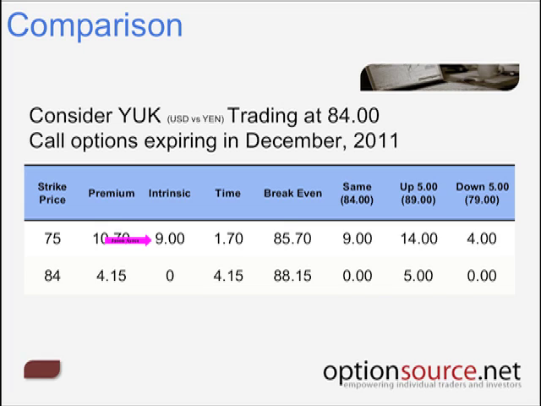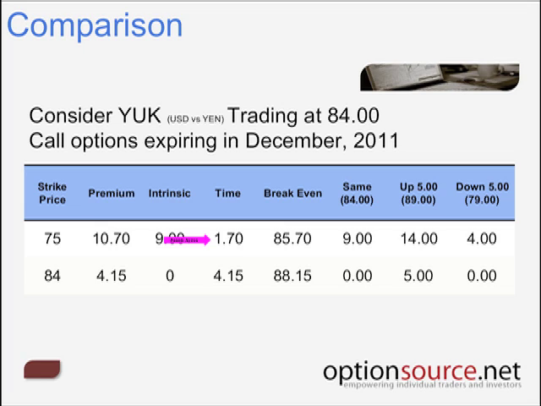But a very important consideration is that $9 of that is being put towards intrinsic value. So look at that almost like a down payment on the value of that underlying pair, in the sense that we're putting up a portion of the value of that option contract to participate, versus only buying time, because you can see there's no intrinsic value with that 84 strike option contract.